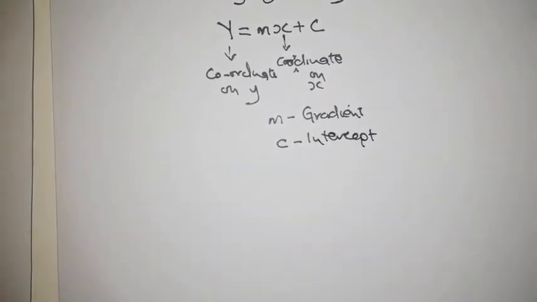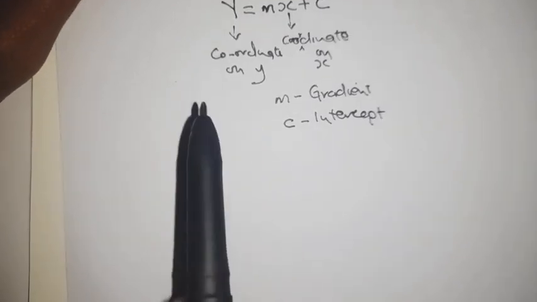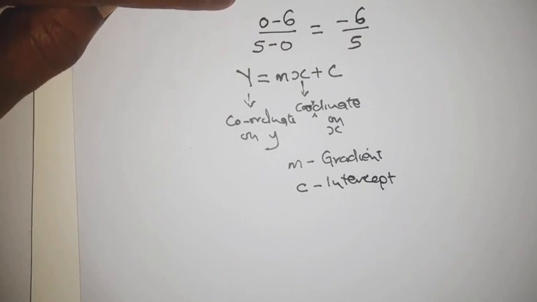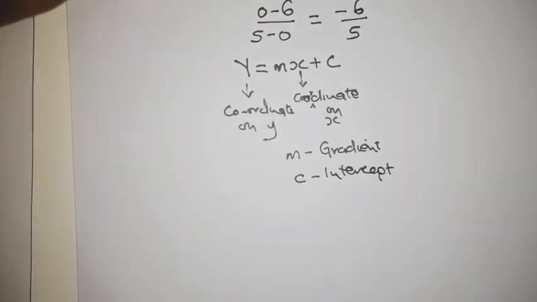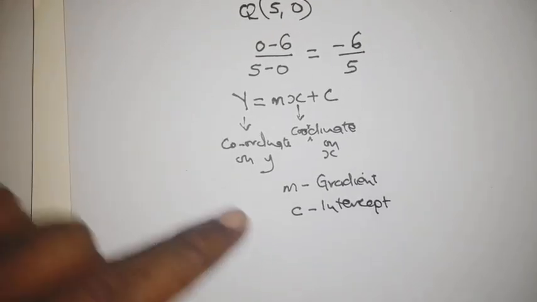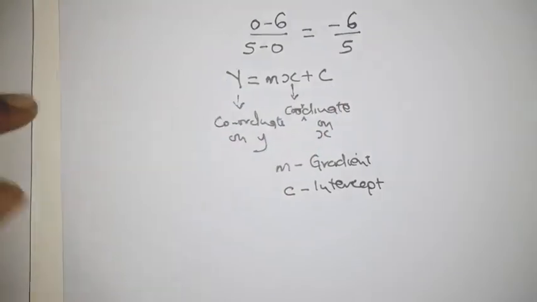So now we work out the intercept by substituting. Take one of the points, let's say point Q, then we just substitute the values we have, 5 and 0, into our equation plus the gradient that we have calculated, and we shall be able to solve for c.